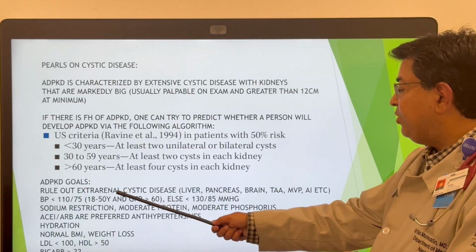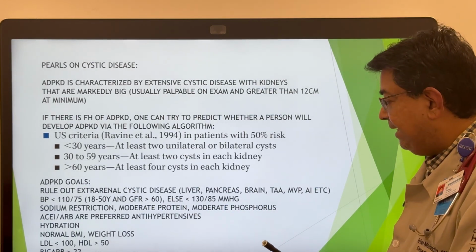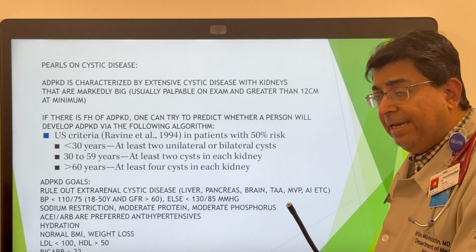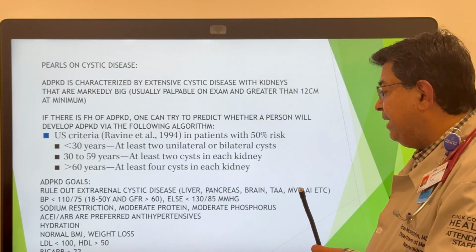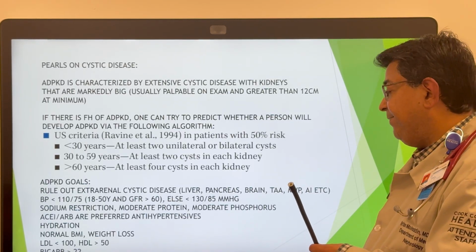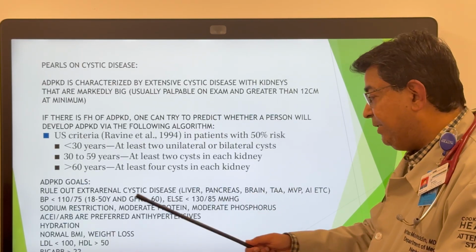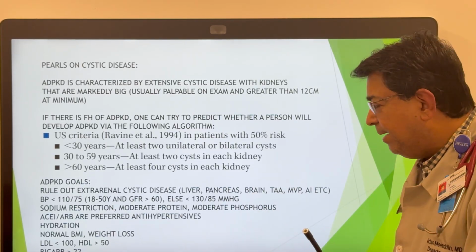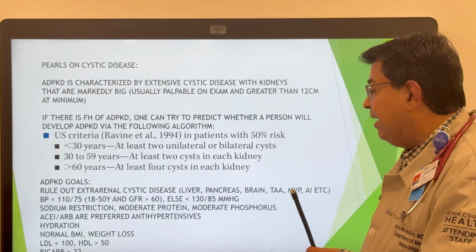Of course, sodium restriction, moderate protein intake, moderate phosphorus intake. ADPKD is associated with markedly elevated renin levels, so RAS inhibition is the preferred antihypertensive route. And then, of course, hydration, unless they have edema, but very few patients with ADPKD do have edema or CHF.